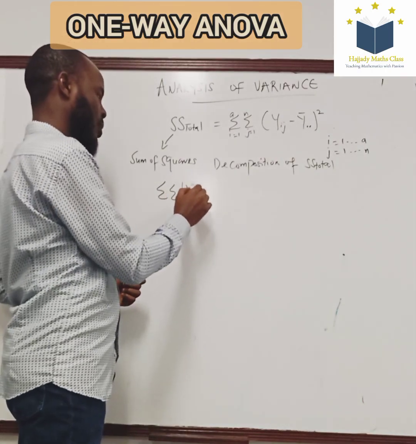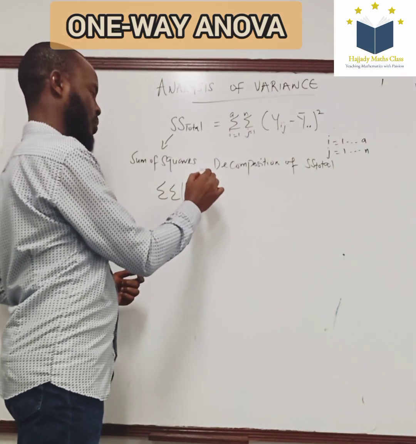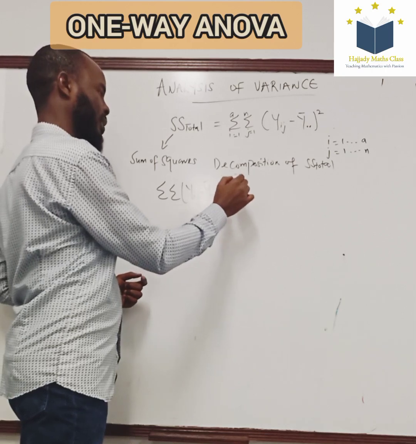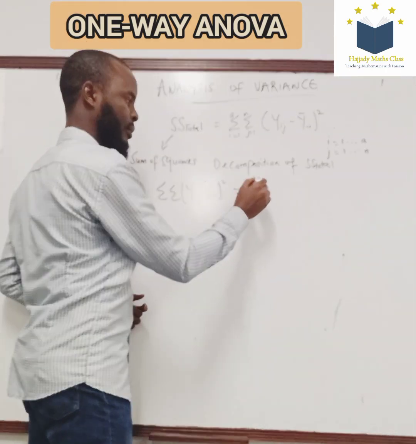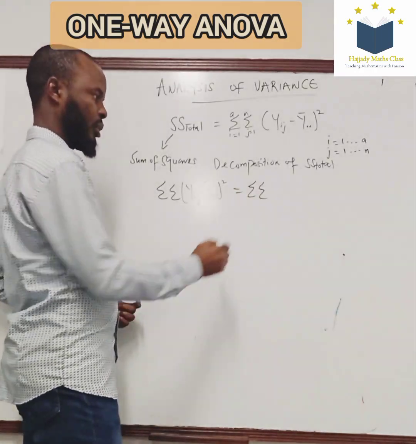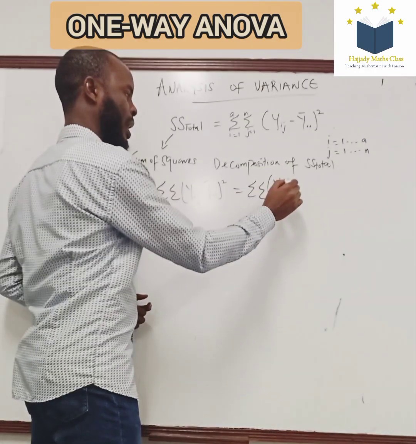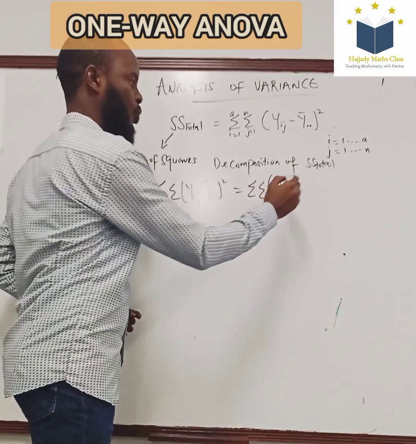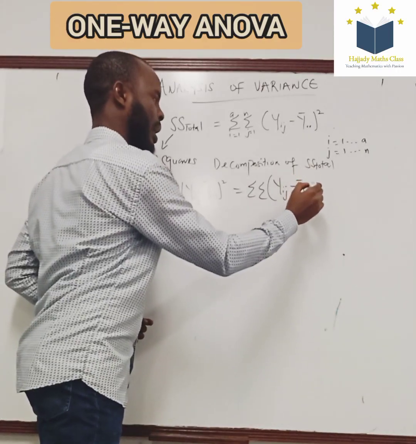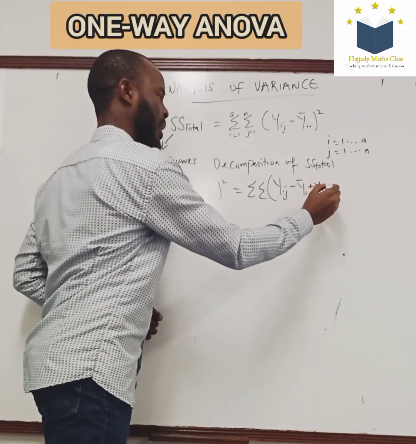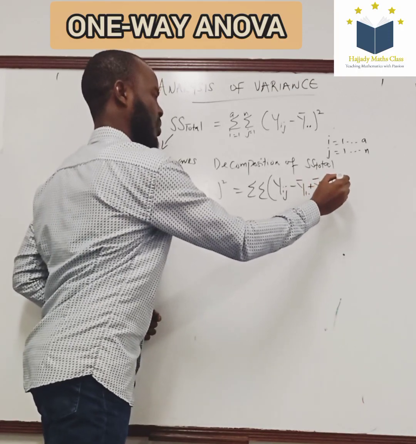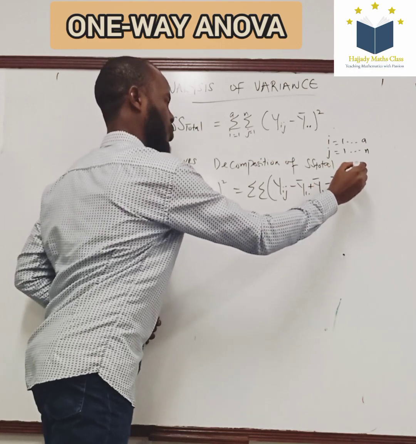So I have Yij minus Y bar dot, squared. Decomposing this is the same as saying my double summation of Yij, introducing minus yi dot bar plus yi dot bar minus y dot bar, all squared.